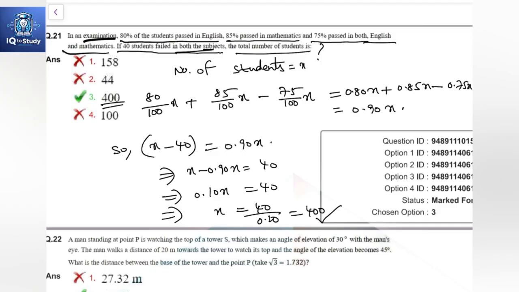Here the logic used is: students passed in at least one subject is equal to total students minus students failed in both the subjects. And we have taken students passed in at least one subject as students passed in English plus passed in mathematics minus passed in both the subjects.